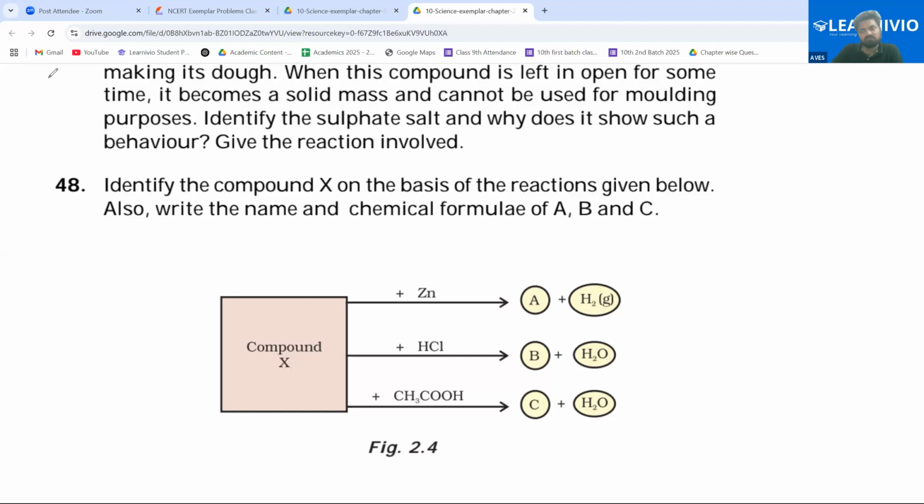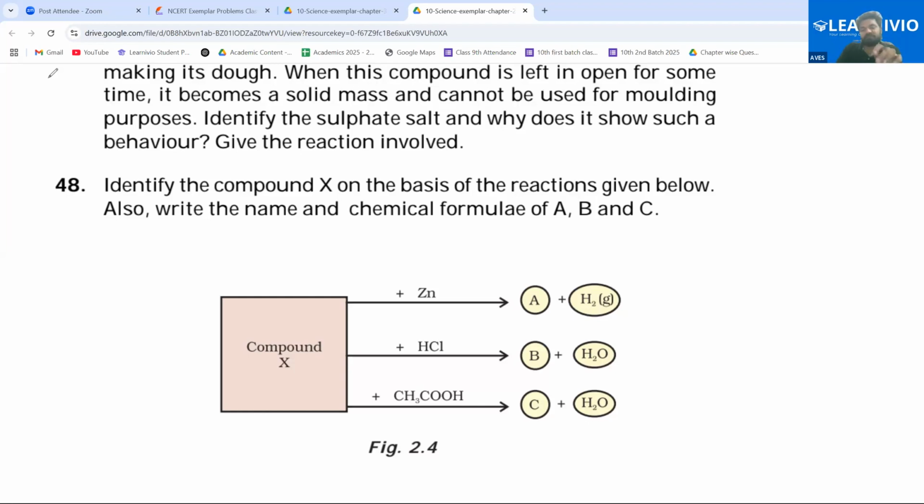Come on. What could be X, A, B and C? It's very easy. You can tell me. I don't know, sir. Try it. You can do it.